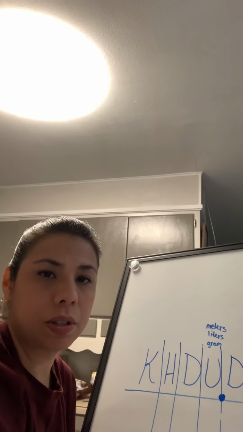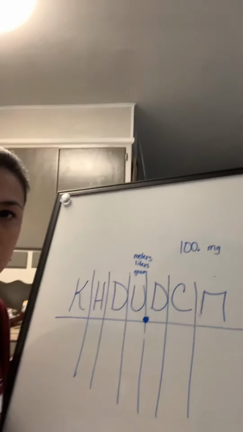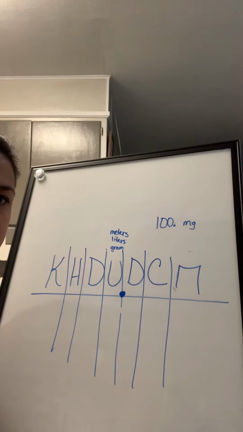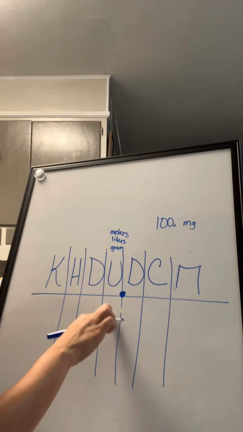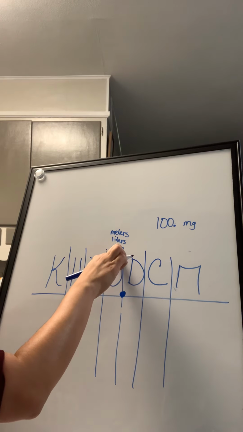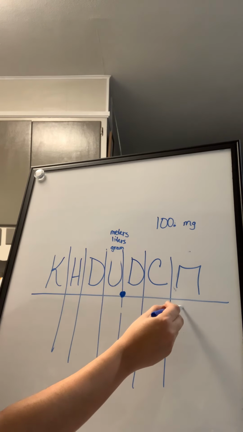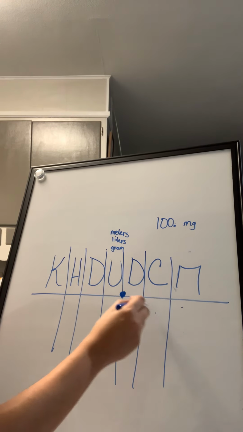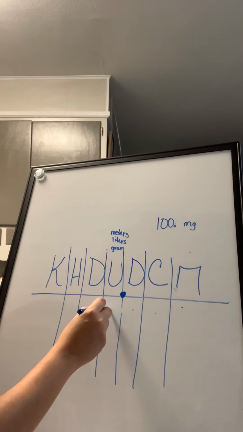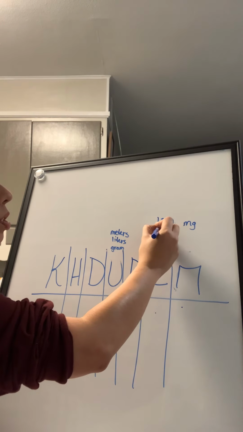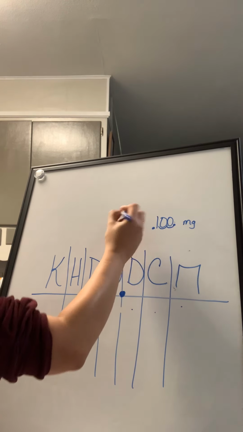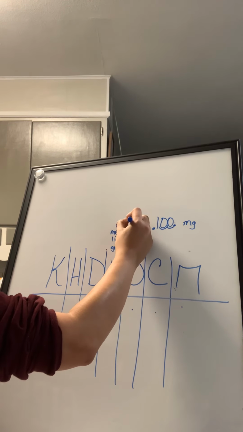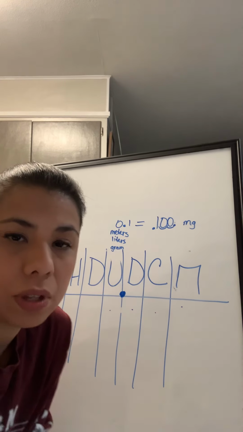I'm starting in milligrams. I want to go to grams because that's my unit, grams. I'm going to move my decimal 1, 2, 3 times. So that would be equal to 1/10 of a gram, okay?